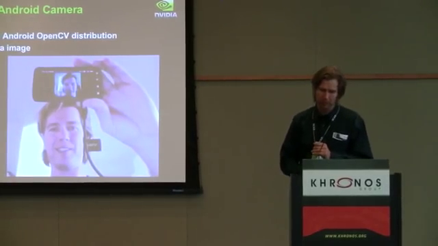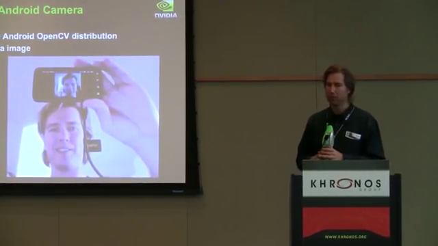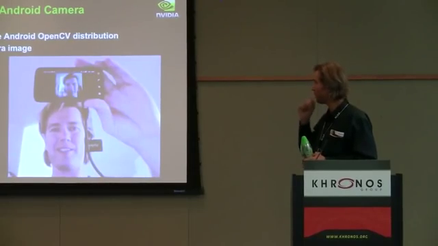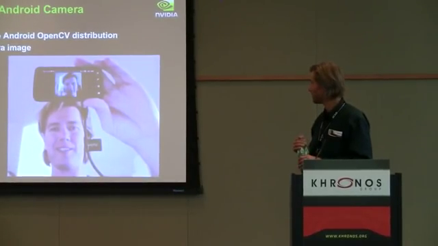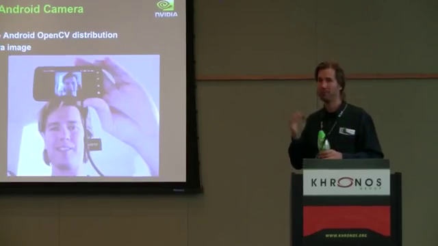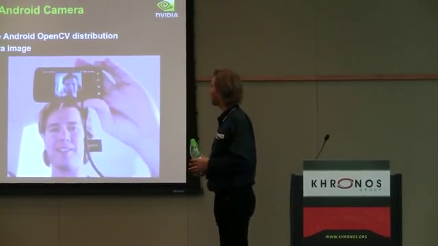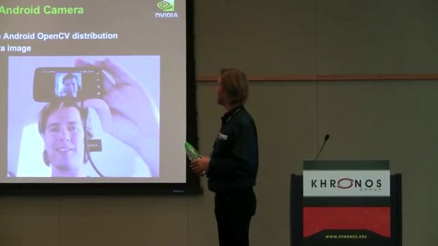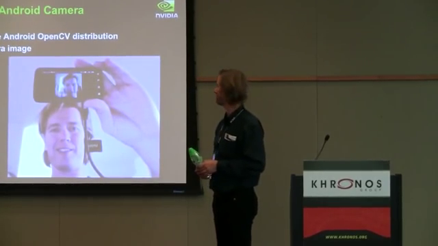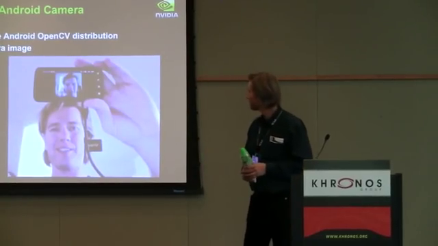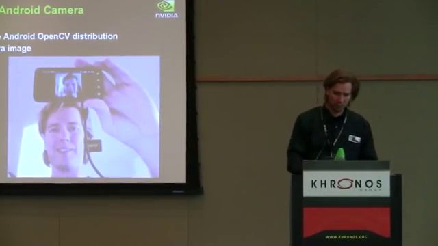This Android version has a couple of nice example applications of using OpenCV. I'm not going to go through the code, no time for that, but I'll just show example number 1. Let's take an image and show it. Very compact example, runs nicely on the phone.